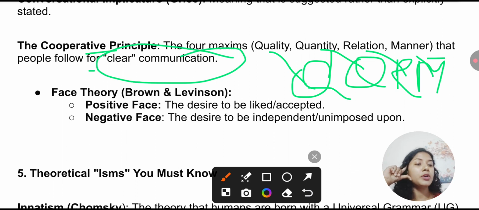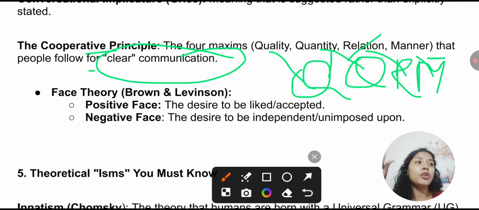While speaking, you must follow the quality of the speech, that it must be precise, true, and clear. And quantity: you must follow how much you speak. If you are speaking randomly and nobody is liking it, you have to speak limited.